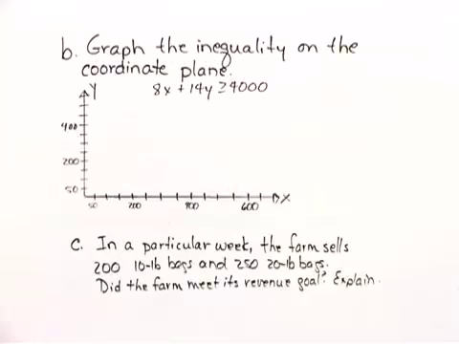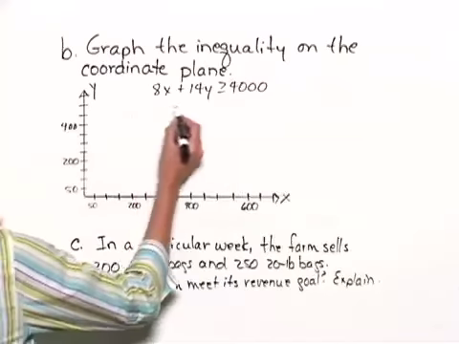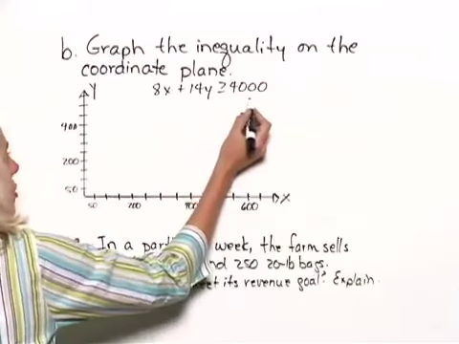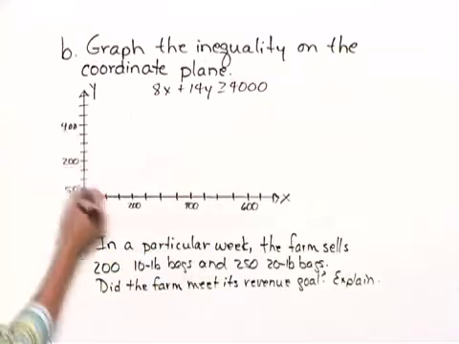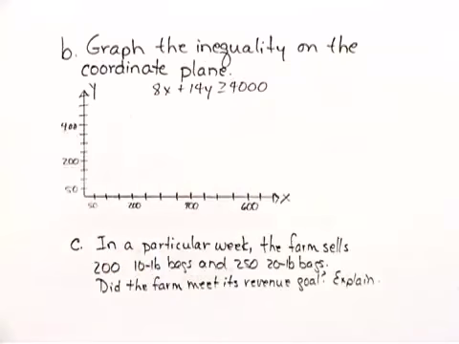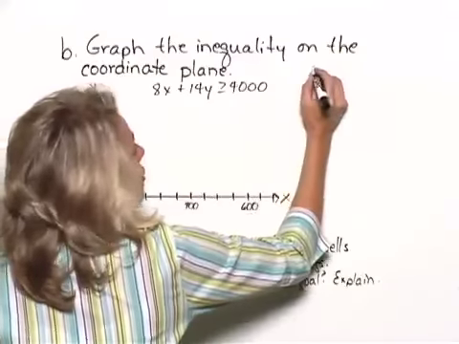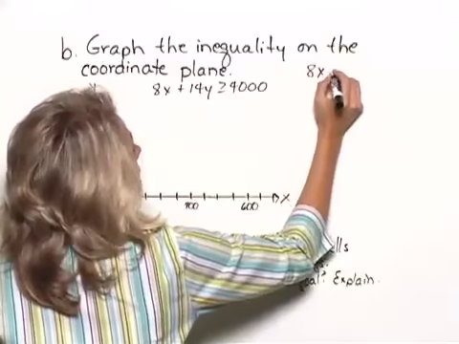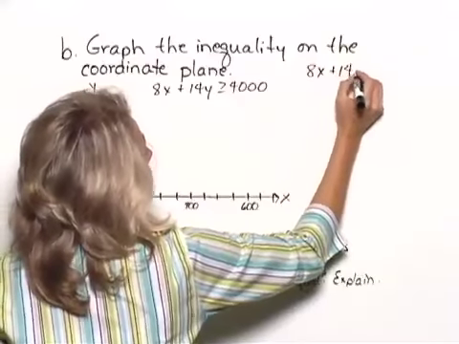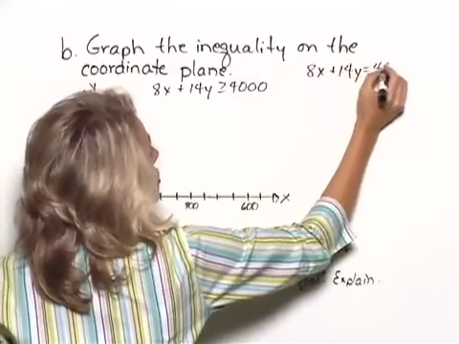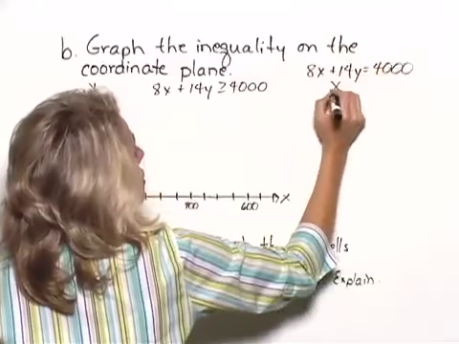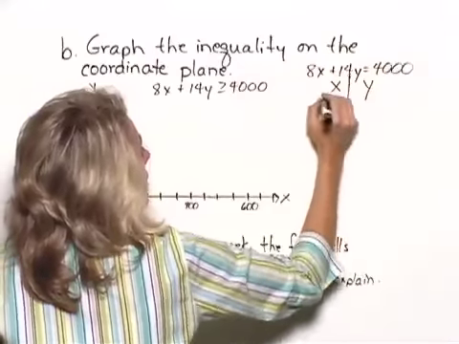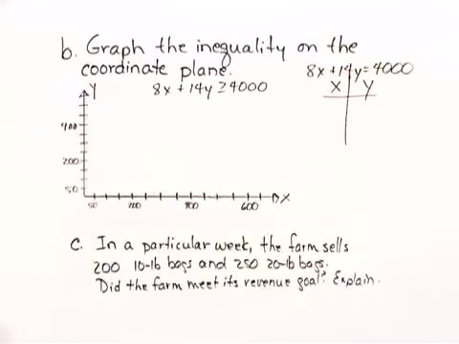For part B, we want to graph the inequality 8x plus 14y is greater than or equal to 4,000 on this coordinate plane. So we'll do that by graphing the associated equation 8x plus 14y equals 4,000, by coming up with some x and y points.